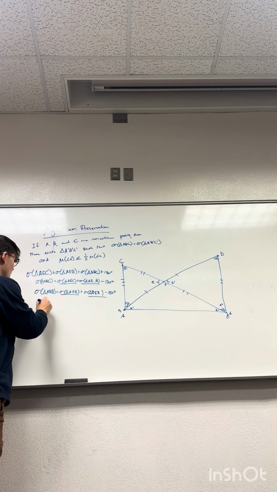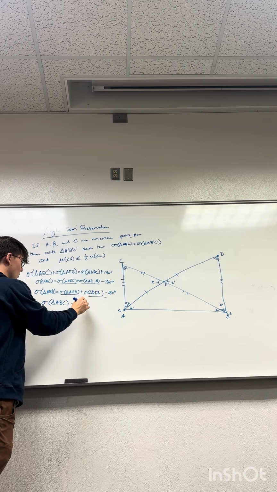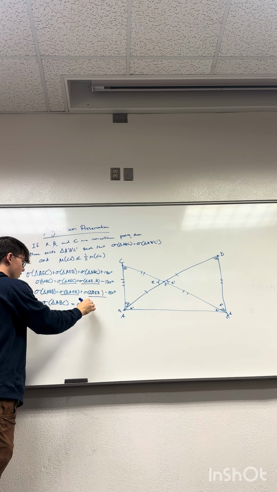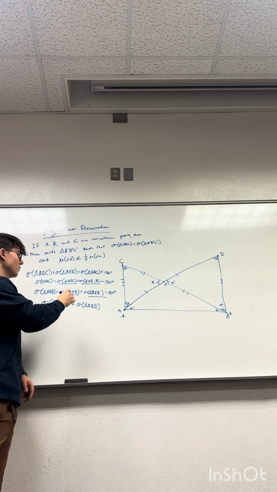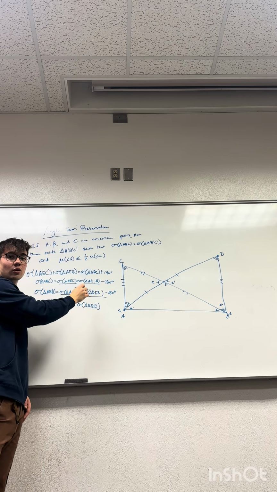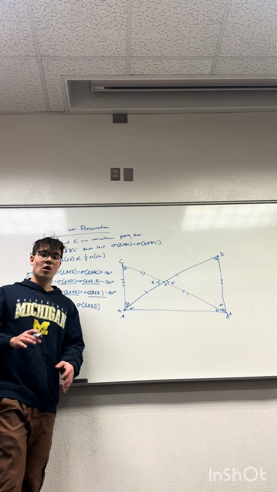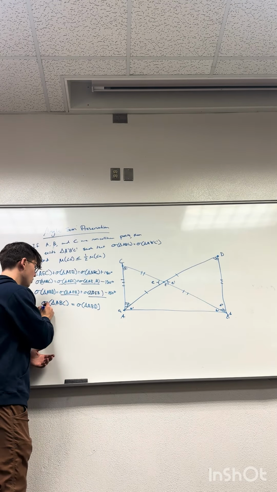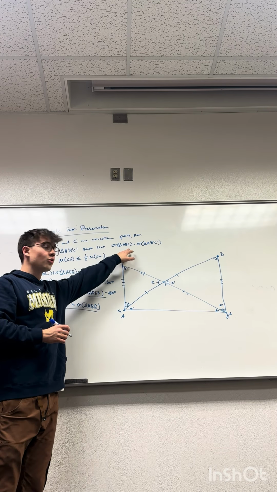And so these angle measures must be the same, since we have the exact same triangle plus two congruent triangles minus the same constant. They must be equal.